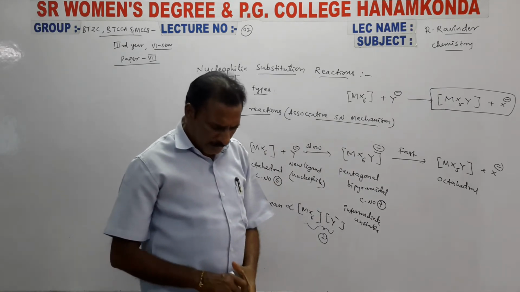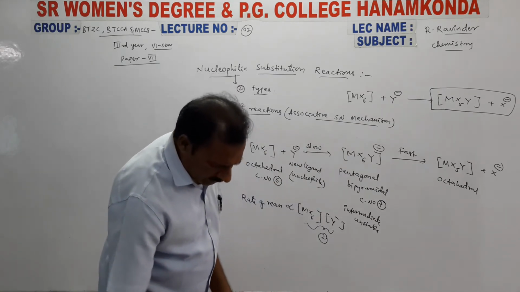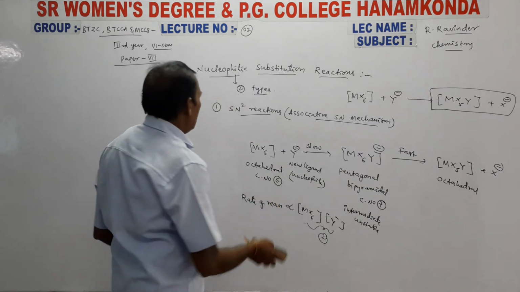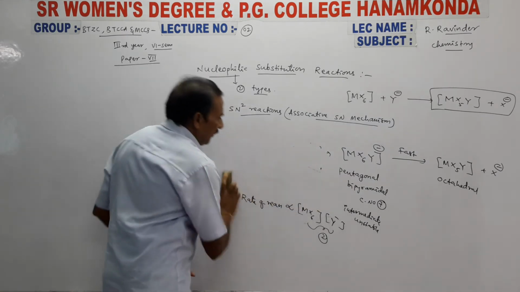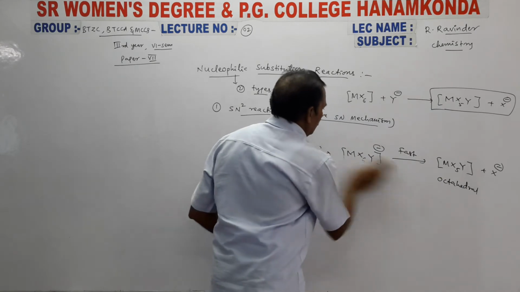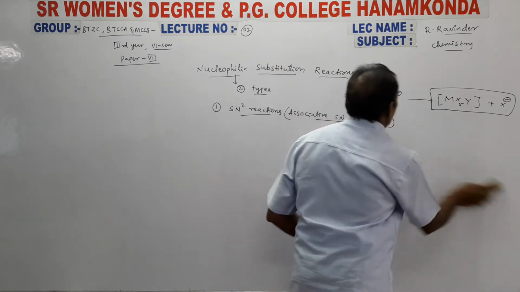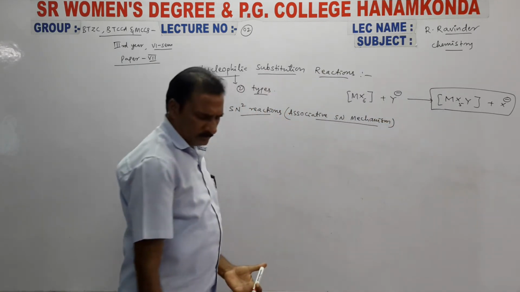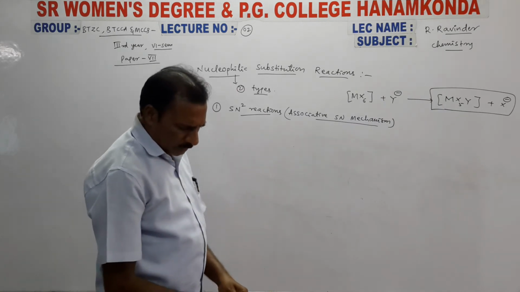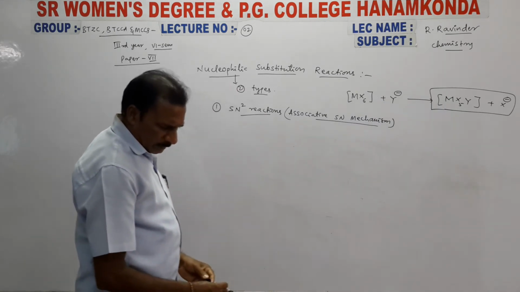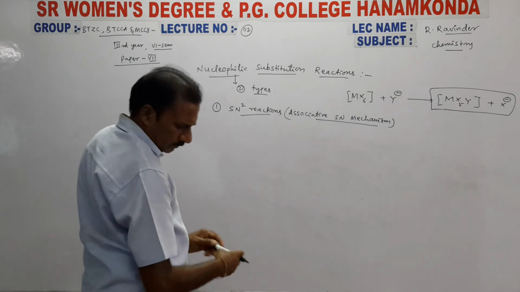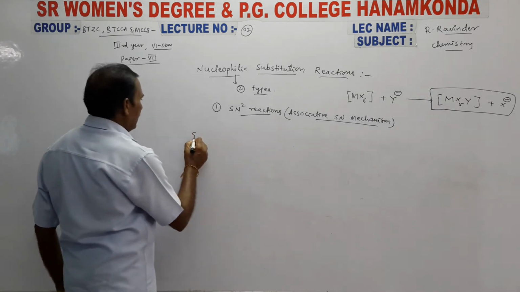This is the reaction mechanism. To take a chemical example, associative pentaamine cobalt bromide is an example for this.